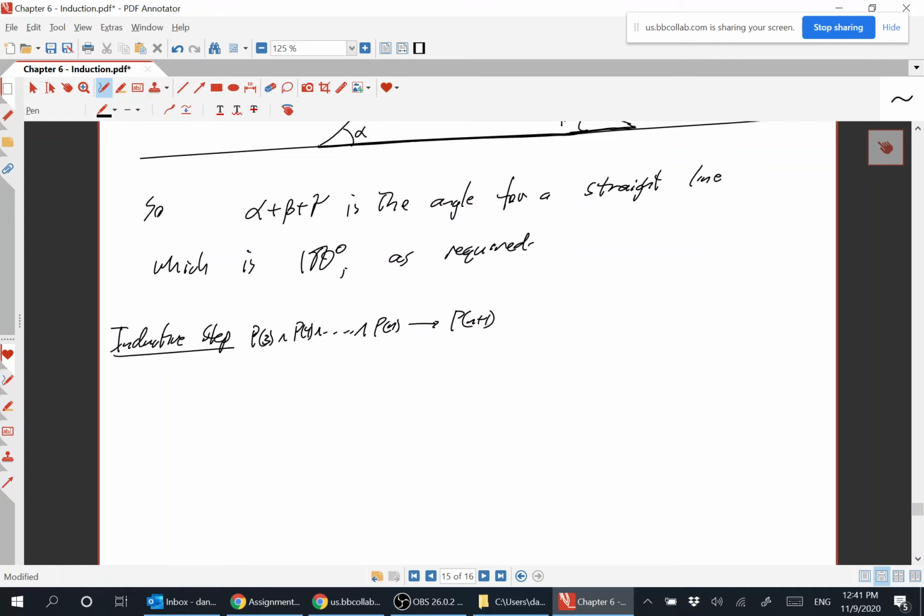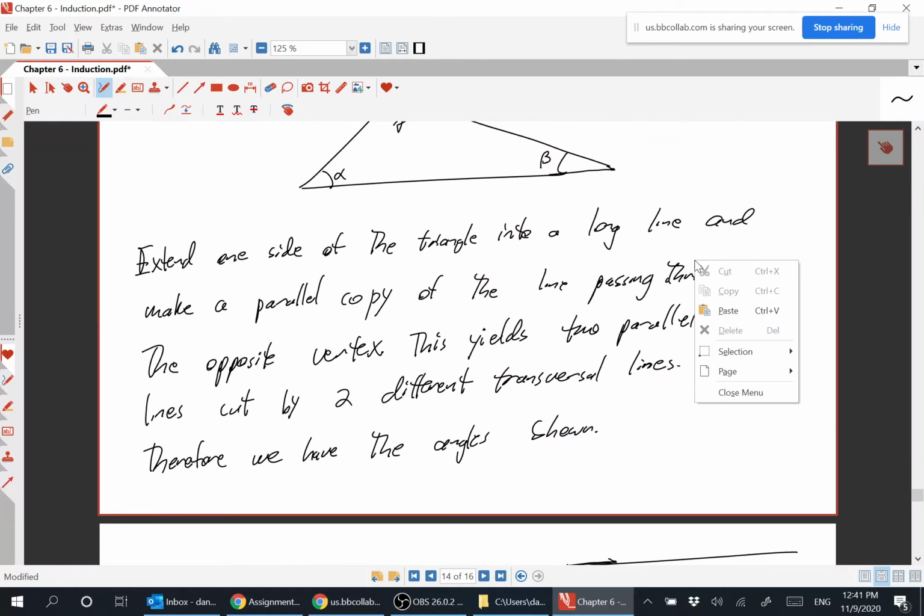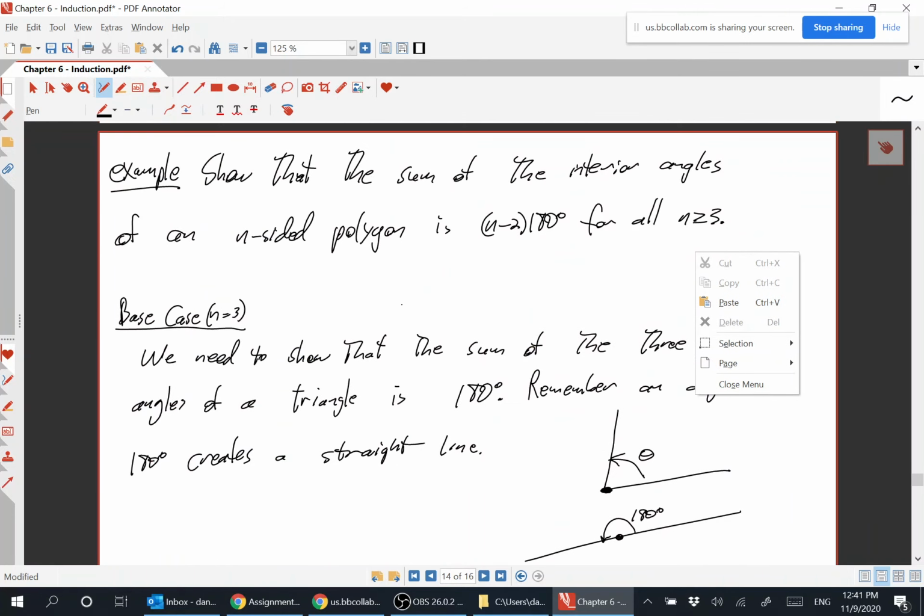What's Pn in this case? What's the predicate Pn? It's right up here.